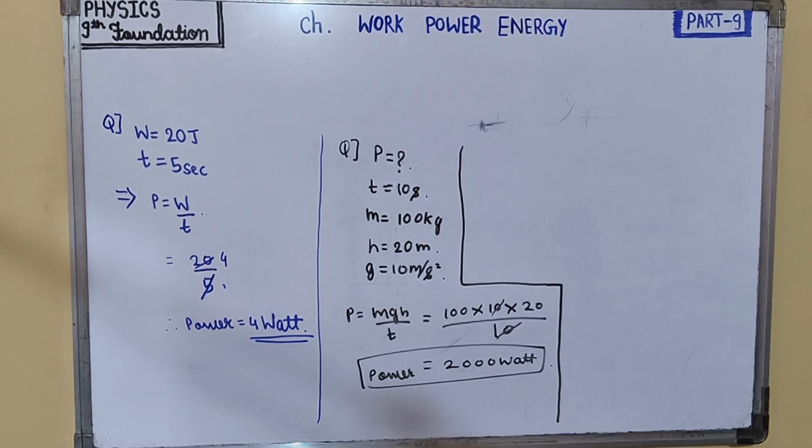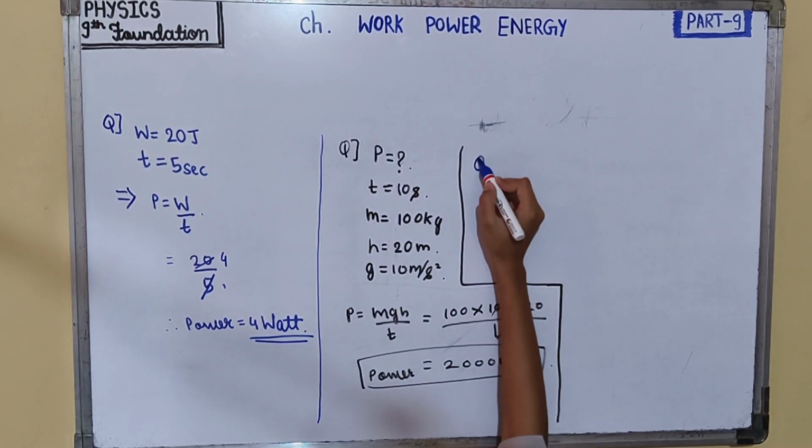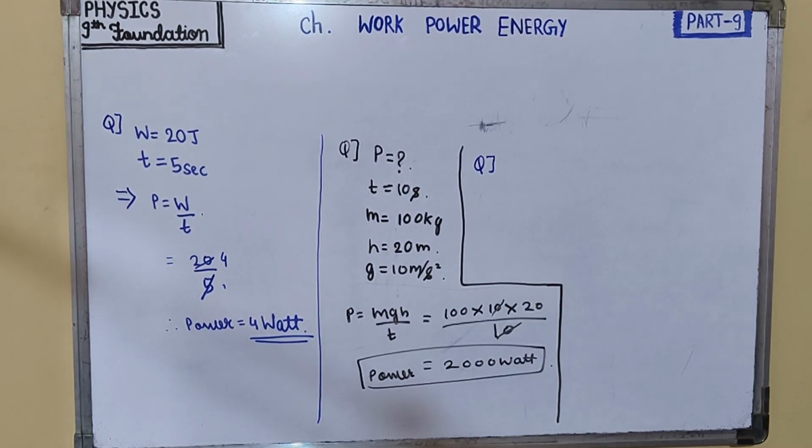Next question is, a boat is moving through water at the rate of 10 meter per second. Its engine has a power of 50 kW. Find the force which must be overcome in moving through the water.